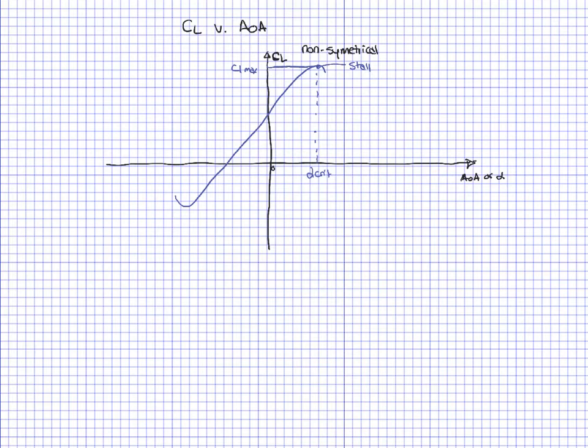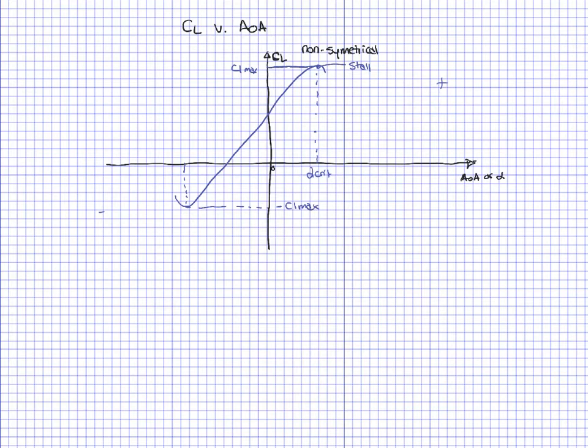What we usually don't see is the other side of the graph. There's another side right here on the left that has a peak on the negative side. So there's a positive stall and a negative stall. This side is going to be the positive side, and this is going to be the negative side. This is going to be CL max negative.